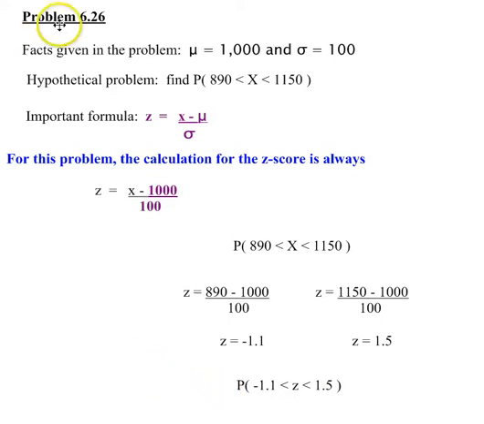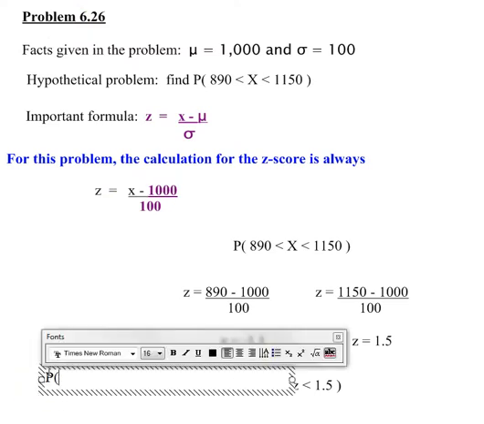Some of the other problems you'll see in problem 6.26 are problems that say something like this. Let me just jot this down here. Find the probability that x is less than 1560.